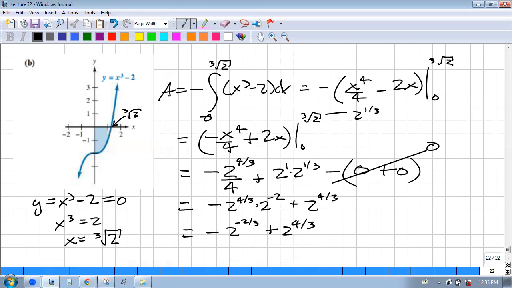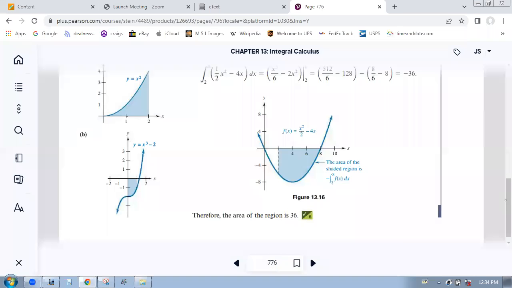Dealing with all these 2's. There's just 2's everywhere. And so that's about as simple as you can get it. From there, just plug it into a calculator. Okay? But the big thing here is you have to put a minus sign because it's below the x-axis. Okay? That's what's important.